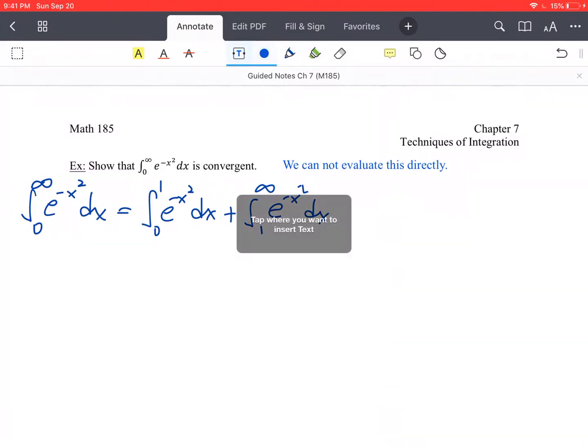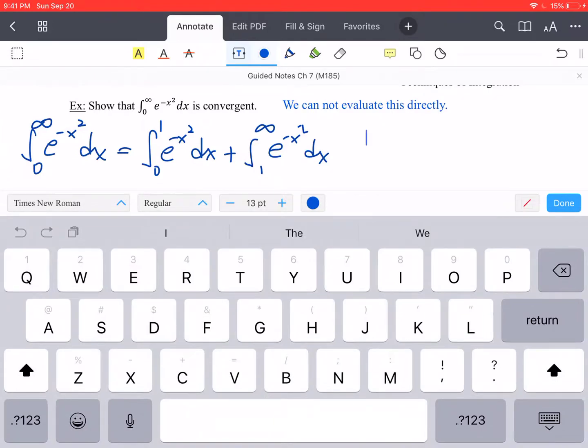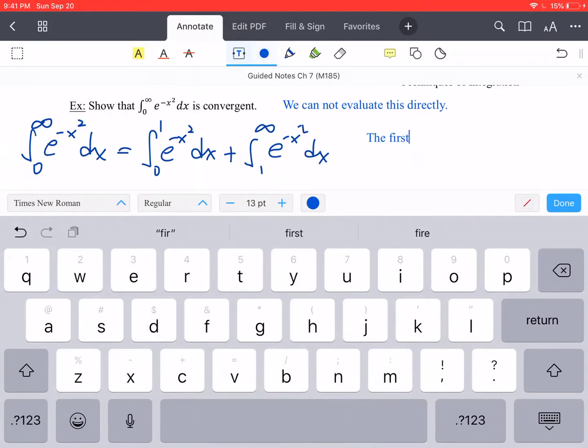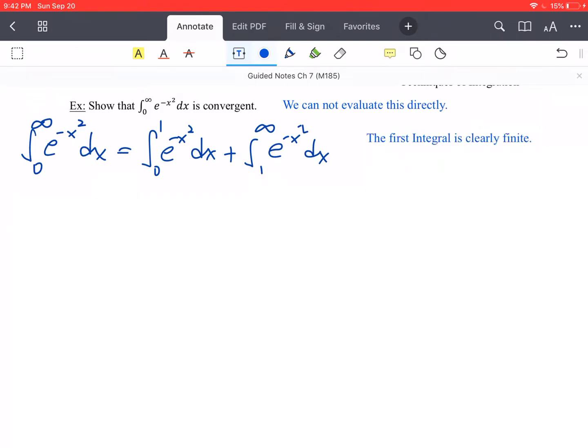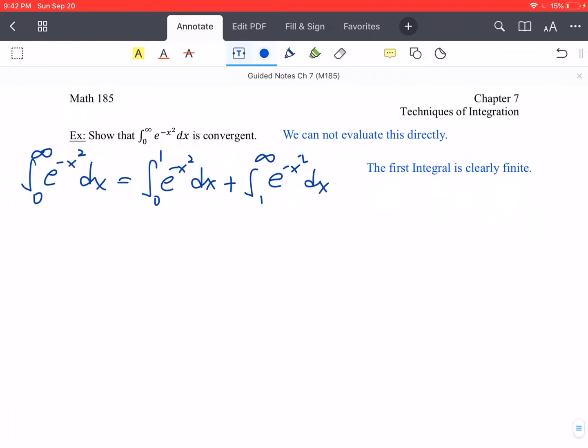So the first integral is clearly convergent, okay, or I should say finite. Okay, the first one is finite.